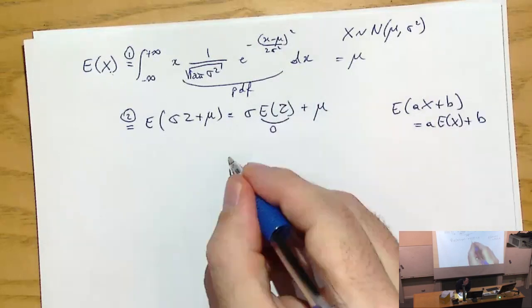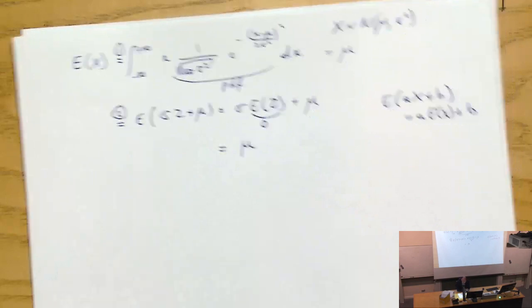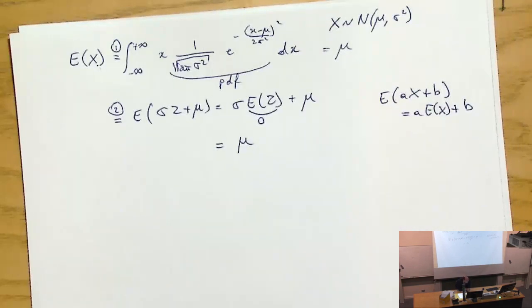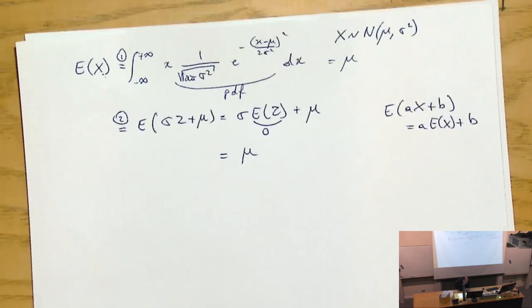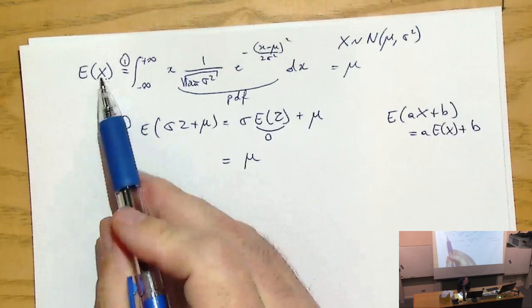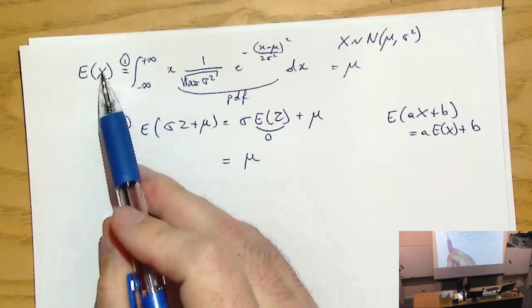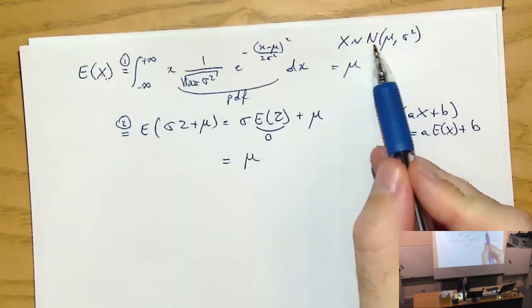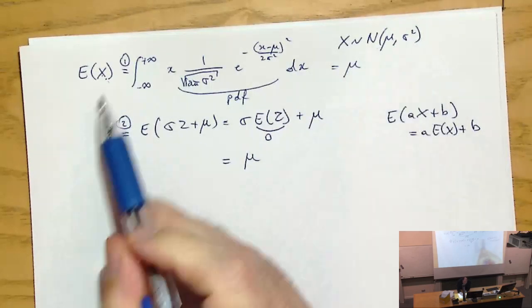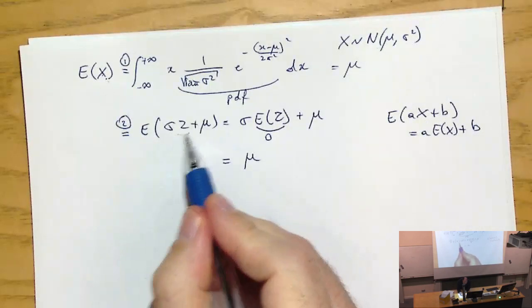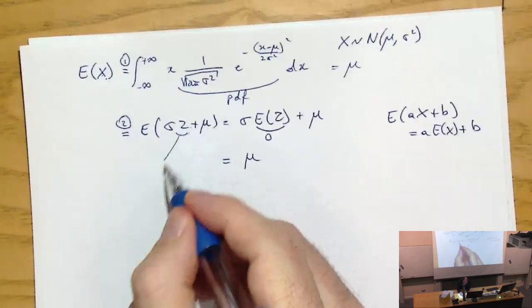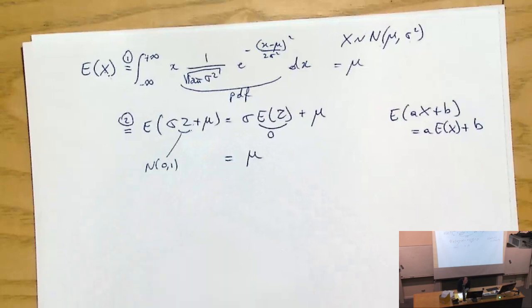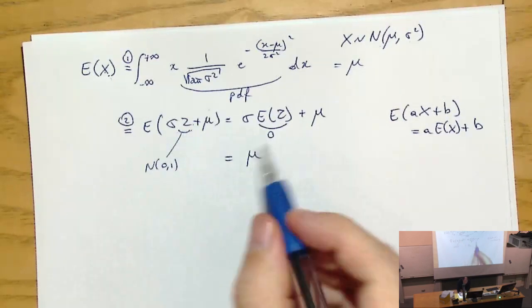The expectation of Z is 0, so this is equal to mu, right? So those are two different ways of computing the expectation. Here I'm relying on the fact that you can write x, a normal random variable with 2 parameters, as a function of a standard normal random variable Z, which is normal 0, 1, right? You can use this relationship, and from there you can compute the mean.